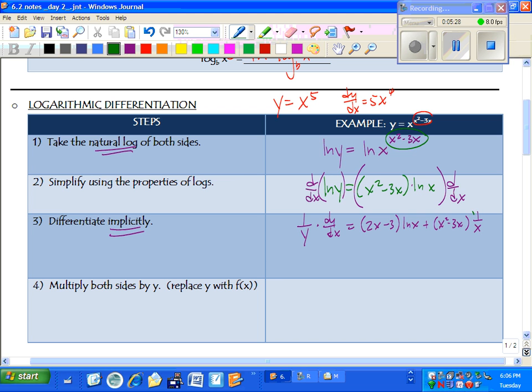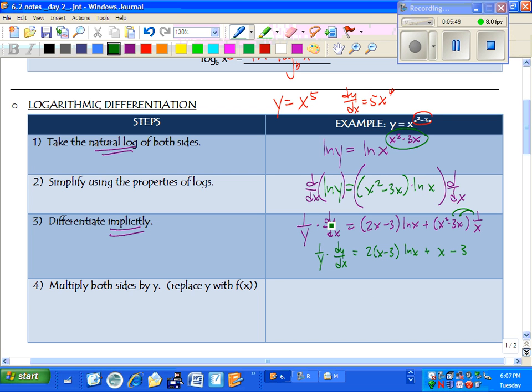I'm going to go ahead and distribute this 1 over x over here. Leave this the same. So x squared times 1 over x, we're just left with x. 3x over x, so we're left with 3, so minus 3.